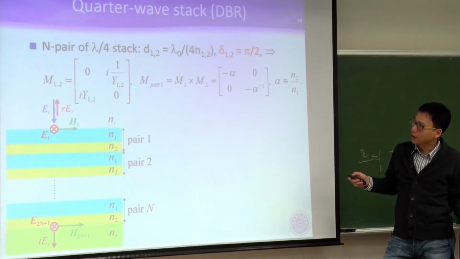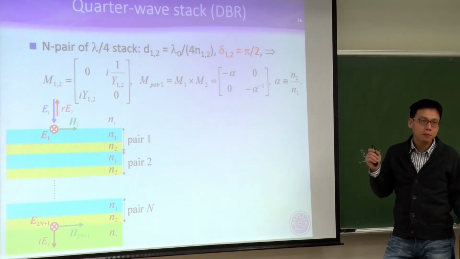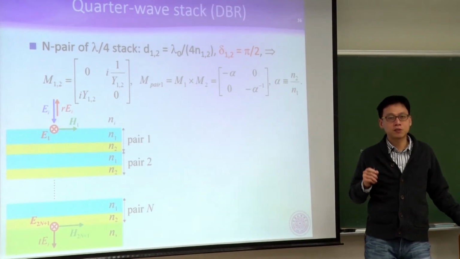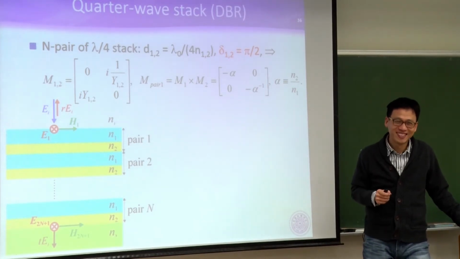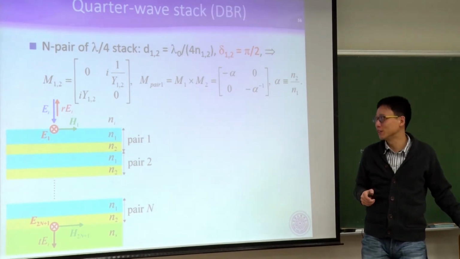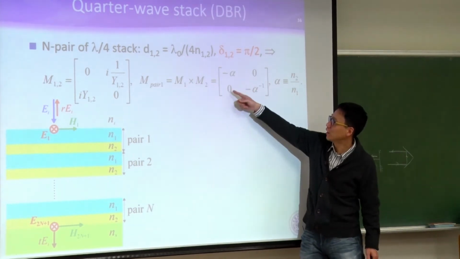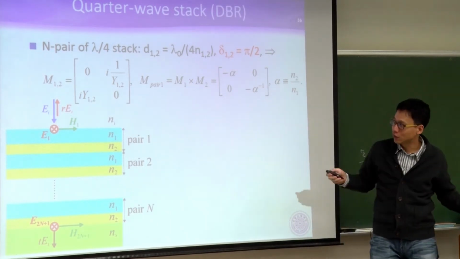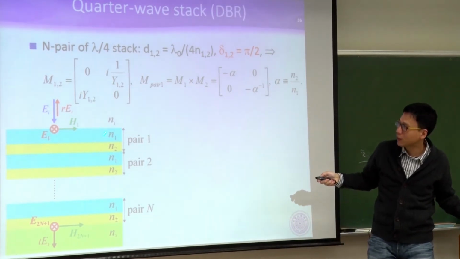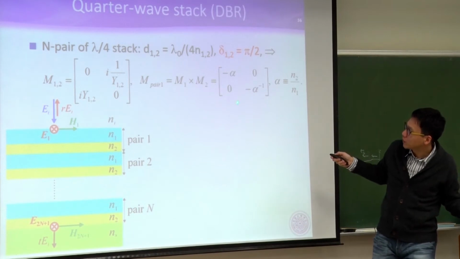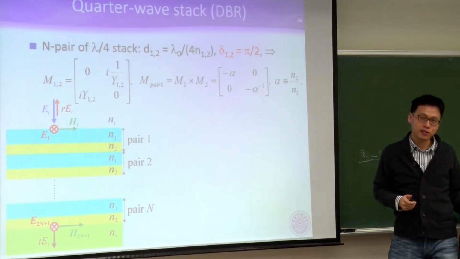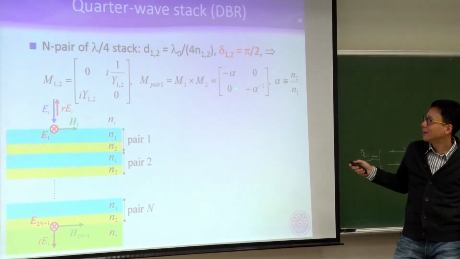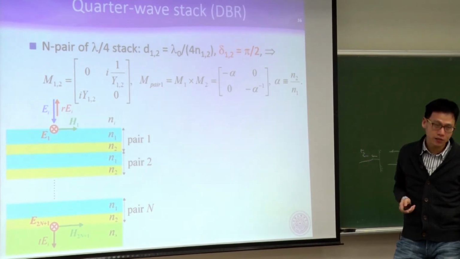In this case, matrix multiplication becomes extremely trivial. The multiplication is not a problem. After you multiply these two, it becomes a diagonal matrix like this. Now, 2 elements are 0.